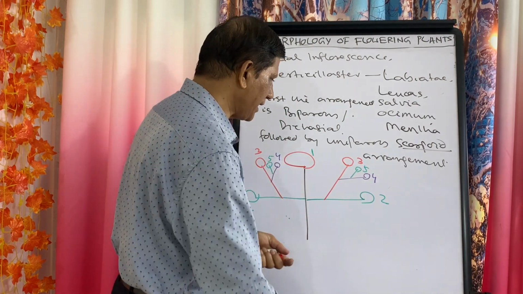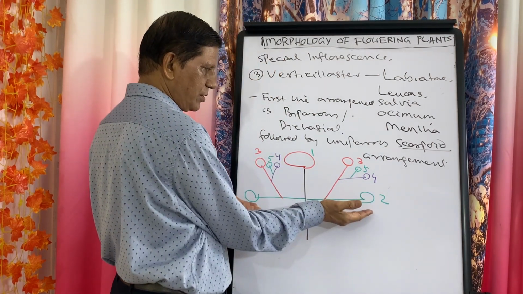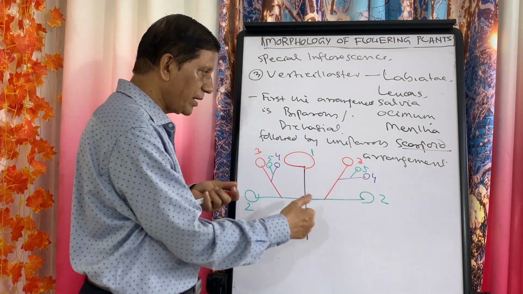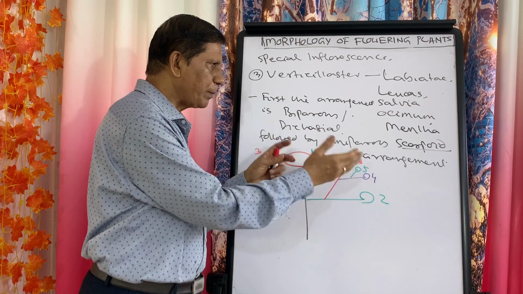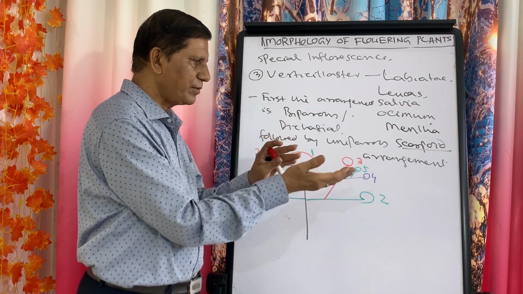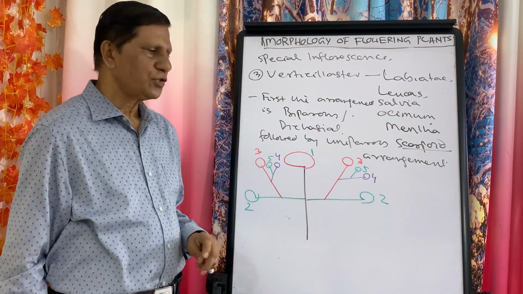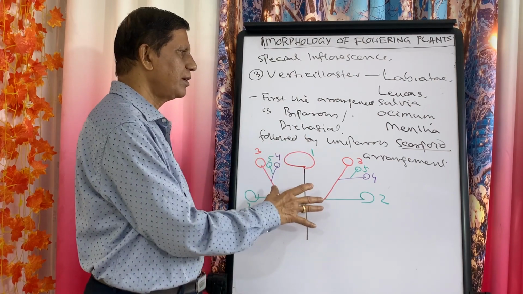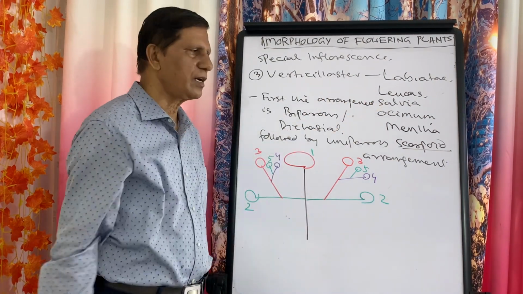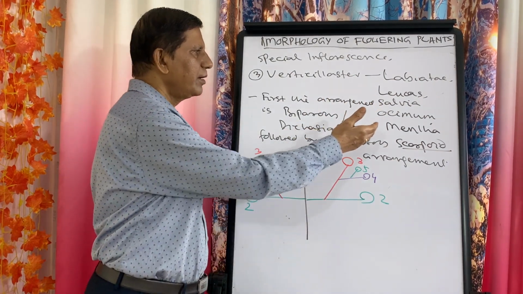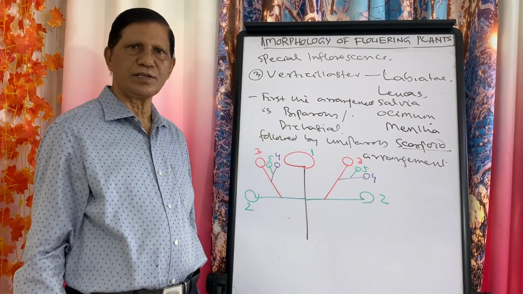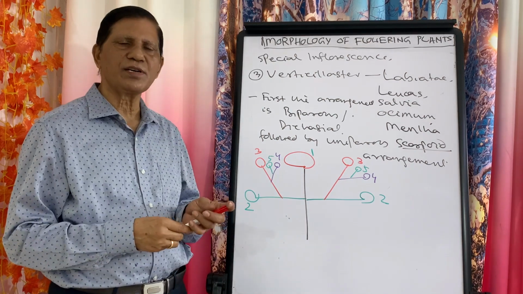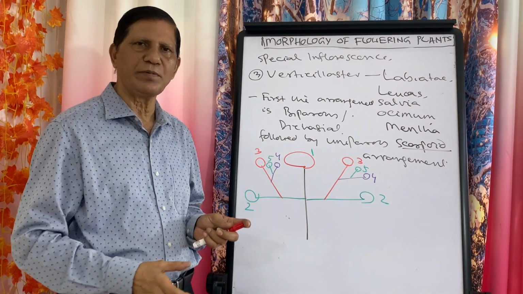That means initially it is biparous because two flowers are coming, but the remaining flowers are arranged in a uniparous scorpioid arrangement, right, left. So this is the arrangement of flowers found in case of Ocimum. You must have seen Ocimum or Mentha. This is the arrangement which is known as verticillaster type of inflorescence. So these are the different types of Cymose and special type of inflorescence.